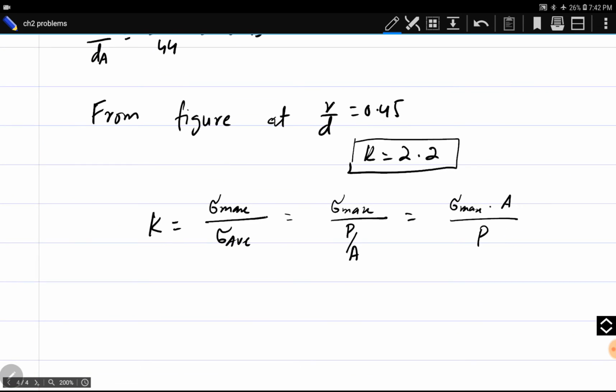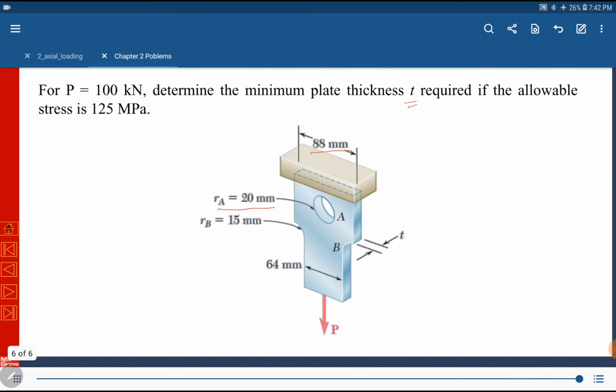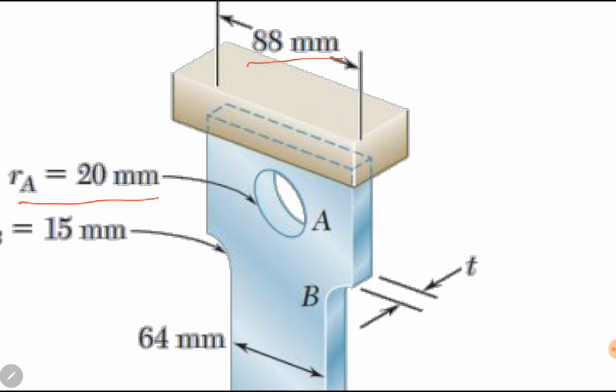Area is actually thickness into width. So in this case, at this end, area is thickness into width, and because it is around a hole, we have to subtract the diameter of the hole, because area is minimum there and stress will be maximum.